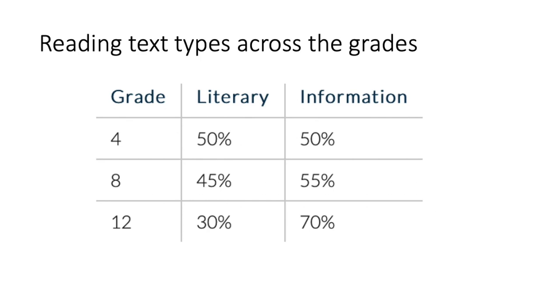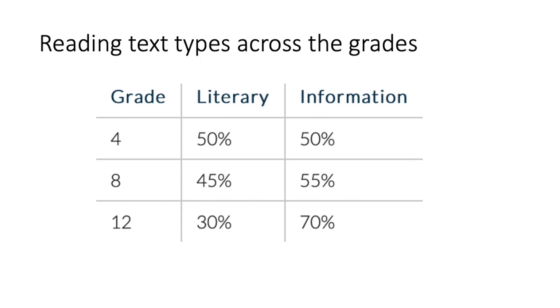And many teachers say that, well, most of the texts that students read in 12th grade in their science classes, social studies classes, other classes will be informational text. But something that you have to remember, or question, I guess, is are they receiving instruction in reading those texts? And if yes, then that is great.